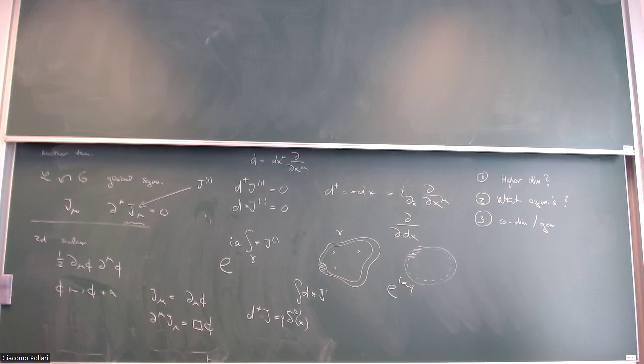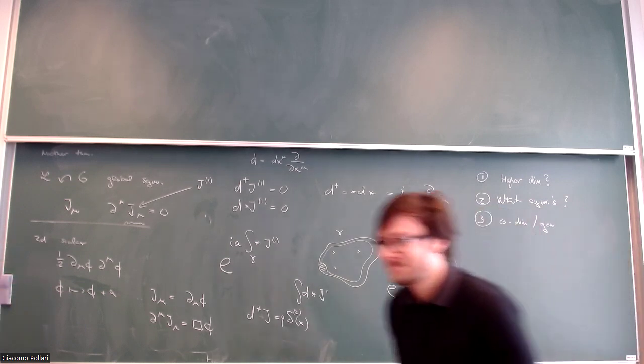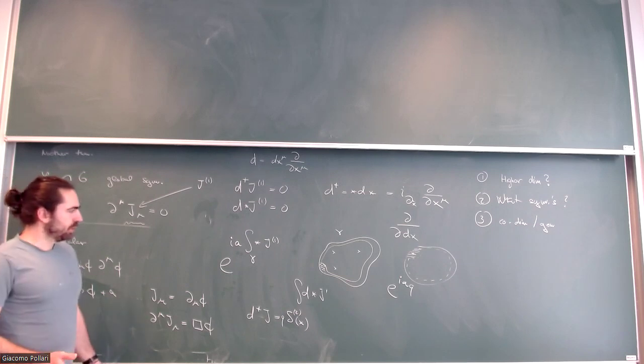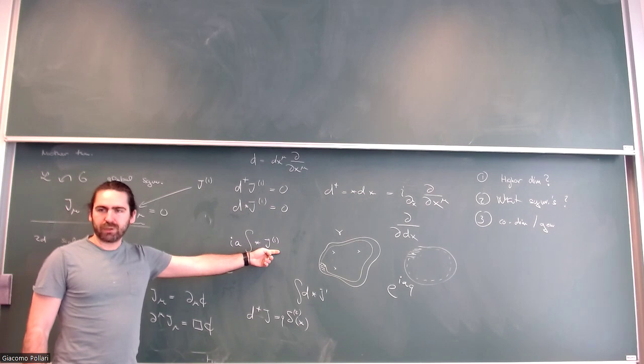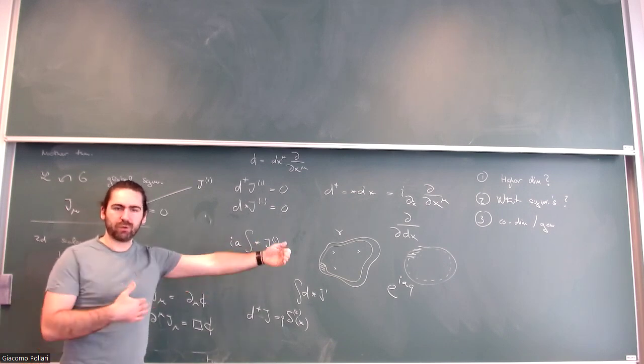So in higher, I was just talking about 2D here, just to set up a scene. But if I were in, I don't know, 5 dimensions, the suitable object I will be integrating is still star of one form, and that's always a penultimate form, right?